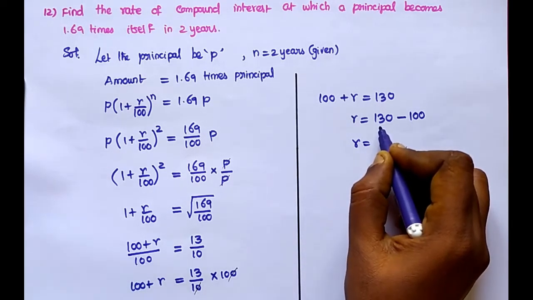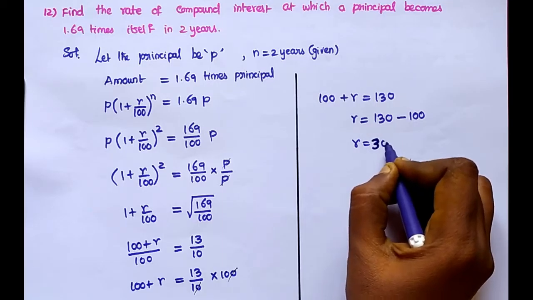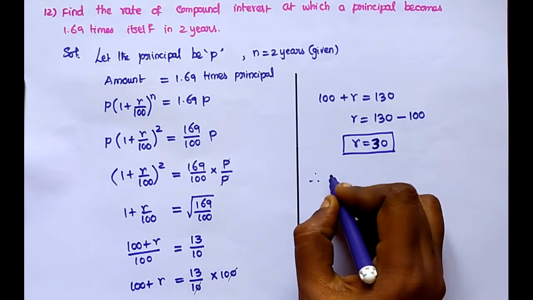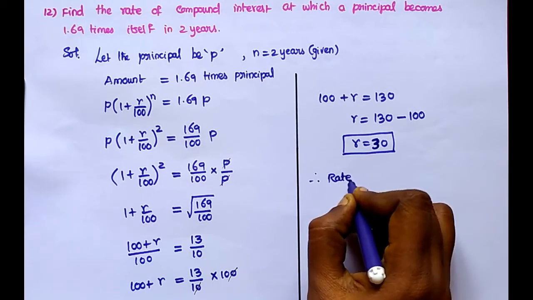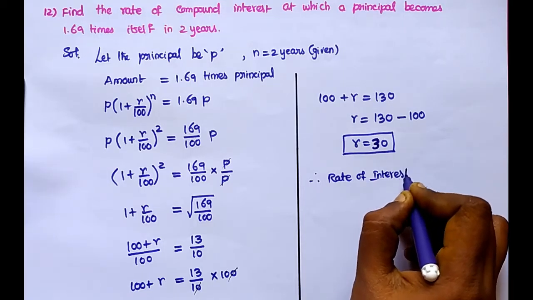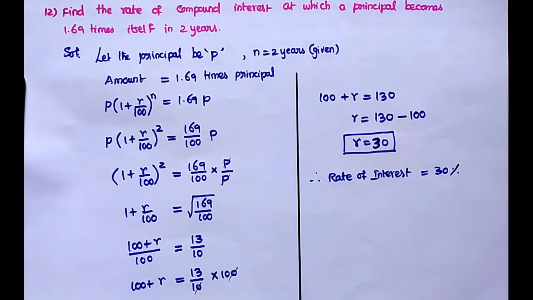So R equal to 130 minus 100, 30. Therefore, rate of interest equal to 30%. That is the answer.